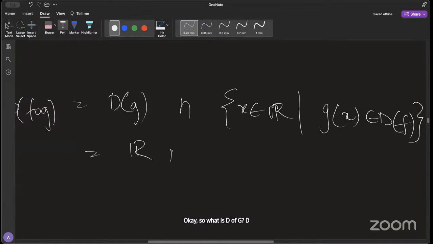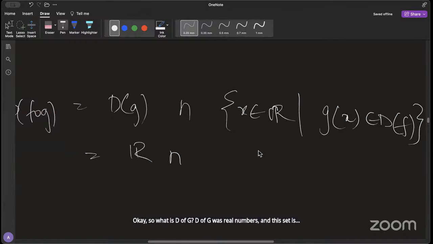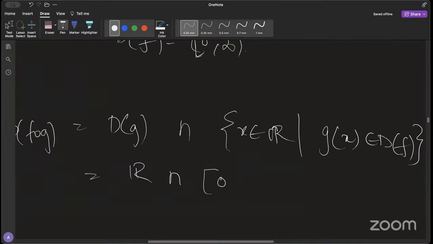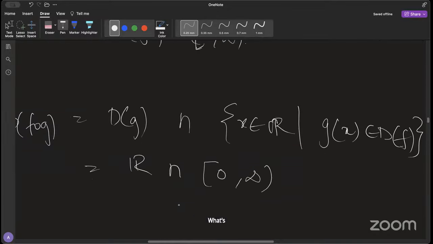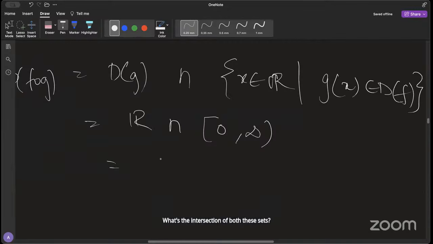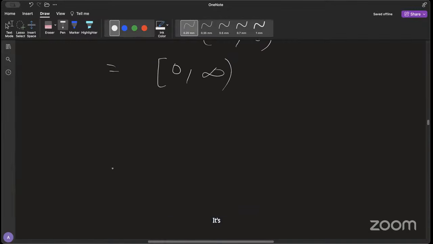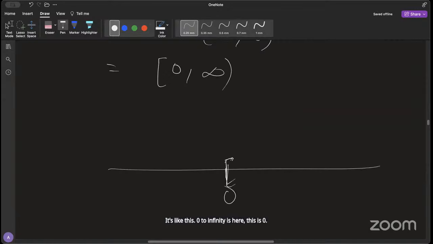D of g was real numbers, and this set is 0 to infinity, right? What's the intersection of both these sets? It's like this. 0 to infinity is here. This is 0. Starting from 0, going till infinity. So this is this set, 0 to infinity.